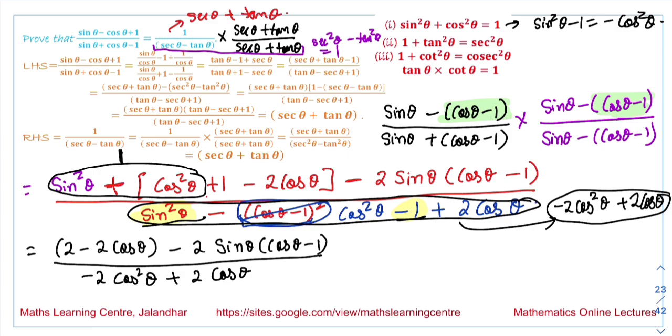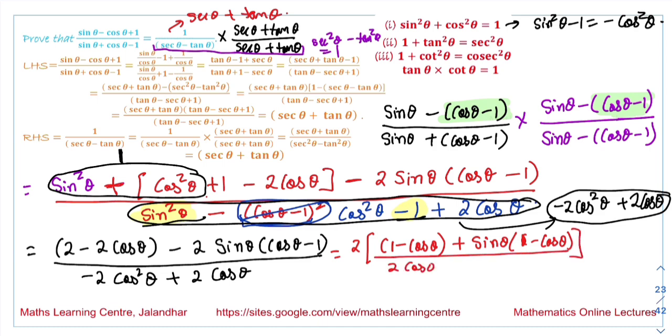Now if we take 2 common from the numerator, what we are left with is 1 minus cos theta, plus sin theta into 1 minus cos theta, over 2 cos theta into 1 minus cos theta.